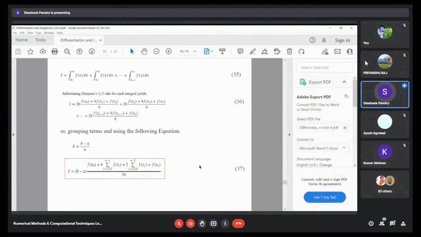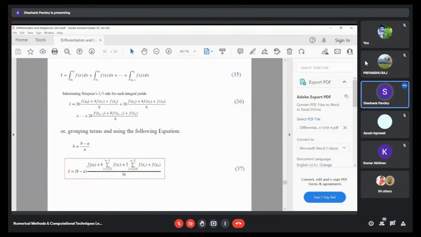We can also write this expression for composite 1/3 rule, where each integral gives us the value represented by equation number 36, which may be rearranged to give us equation number 37. You can see here once more that we have b minus a divided by a factor of 3n.